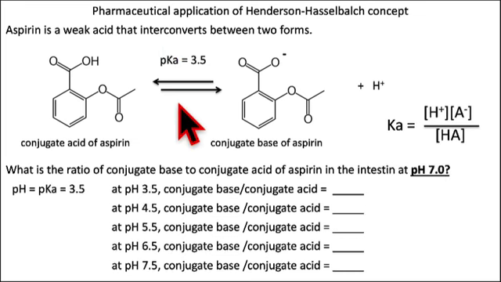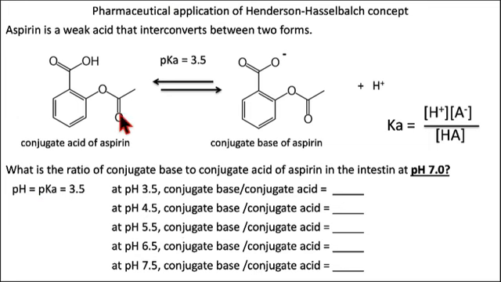Now let's see what happens in the intestine, where instead of having an acidic environment, we have a relatively neutral environment. In fact, the pH varies throughout the length of the intestine and depending on time, but it's around 7, or we'll say 7.5. We do the exact same thing. We think what will happen if the pH equals the pKa.